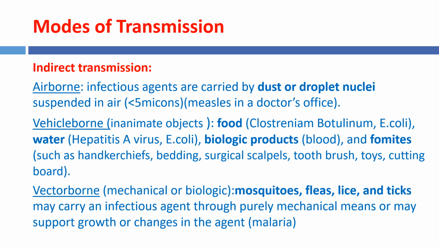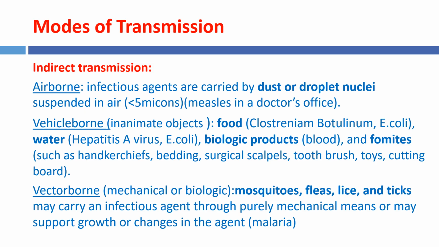The third way is vector-borne. Vector-borne is through small insects like mosquitoes, fleas, and ticks. This transmission could be mechanical or biological. Mechanical, when mosquitoes carry infectious agent in a mechanical way on their legs or wings.